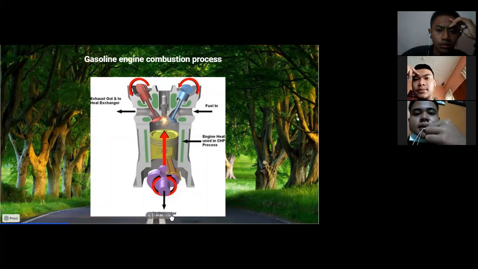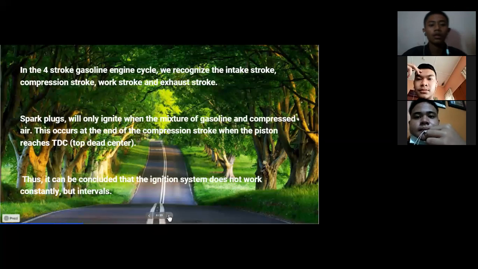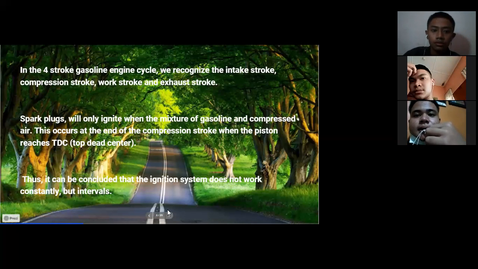This is a picture of the gasoline engine combustion process. In the four-stroke gasoline engine cycle, we recognize the intake stroke, compression stroke, work stroke, and exhaust stroke.